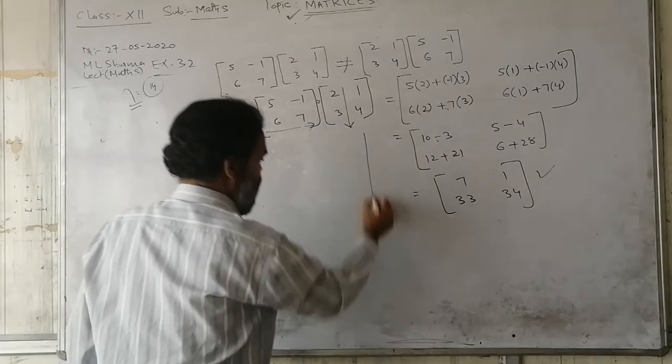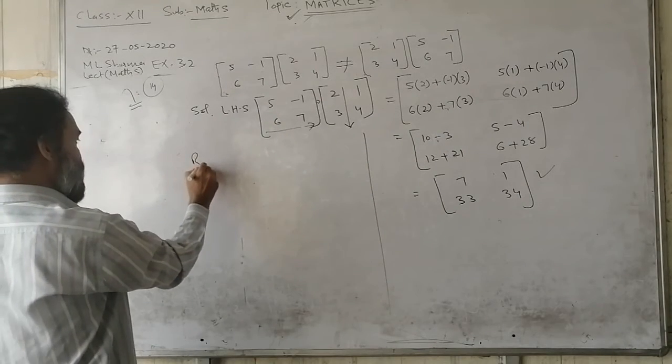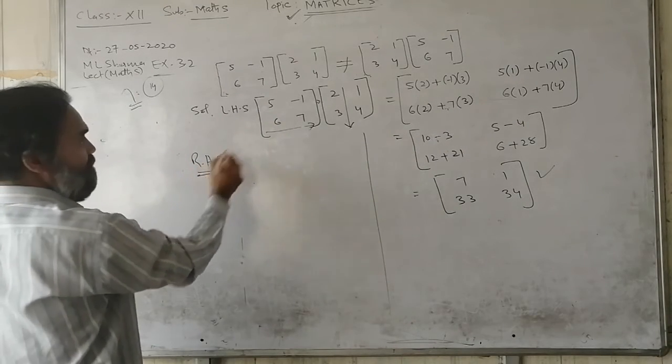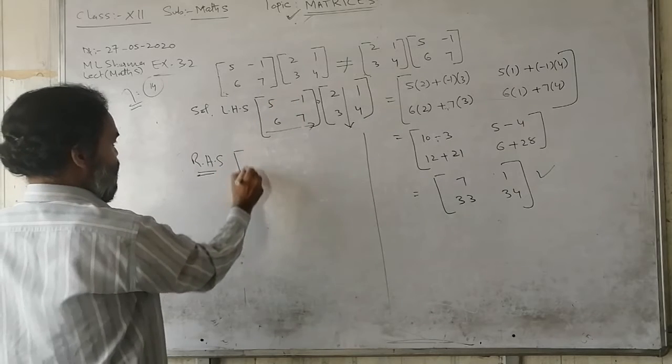Now for right hand side, again two matrices are there.